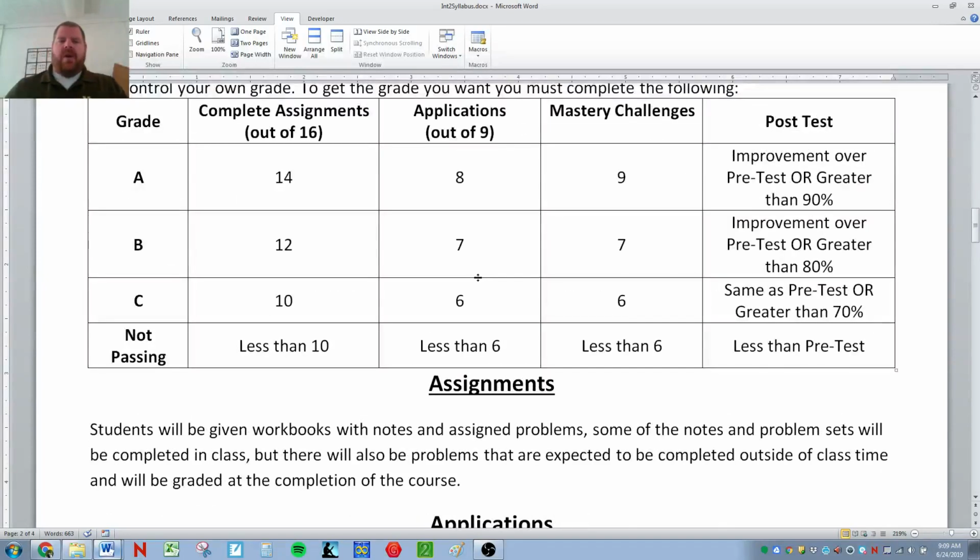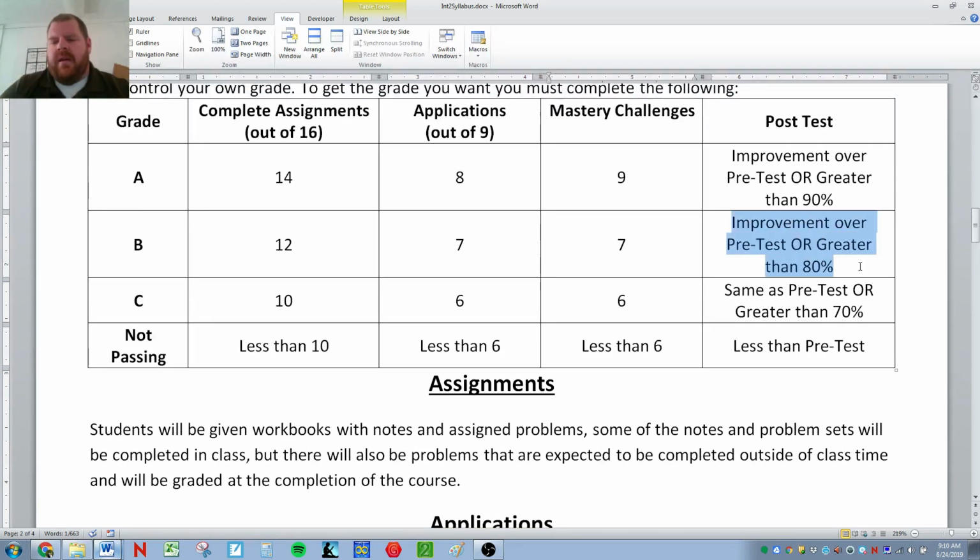Now looking at how you're going to be graded, you control your own grade in this class. I mentioned there were 16 homework assignments and what those look like and when I expect them to be done, but I'm grading them at the end of the course. Let's say I wanted to get a B. The way I would do that is I would complete 12 or more homework assignments and 7 or more of the application pages, and pass 7 or more mastery challenges with 80% or higher.